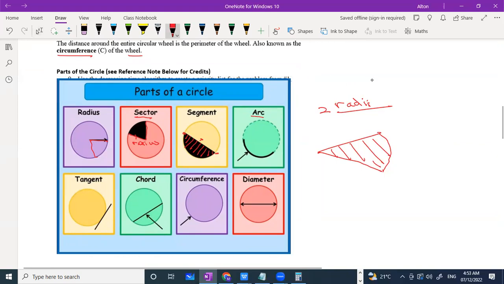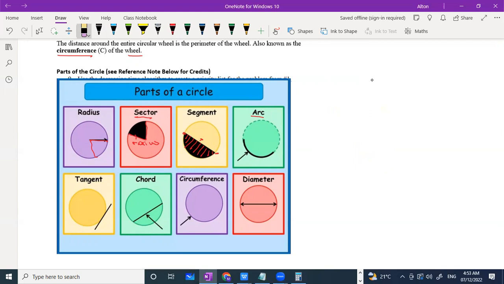So let's make that distinction here. The minor versus the major arc. Right. Now, what is the minor arc?